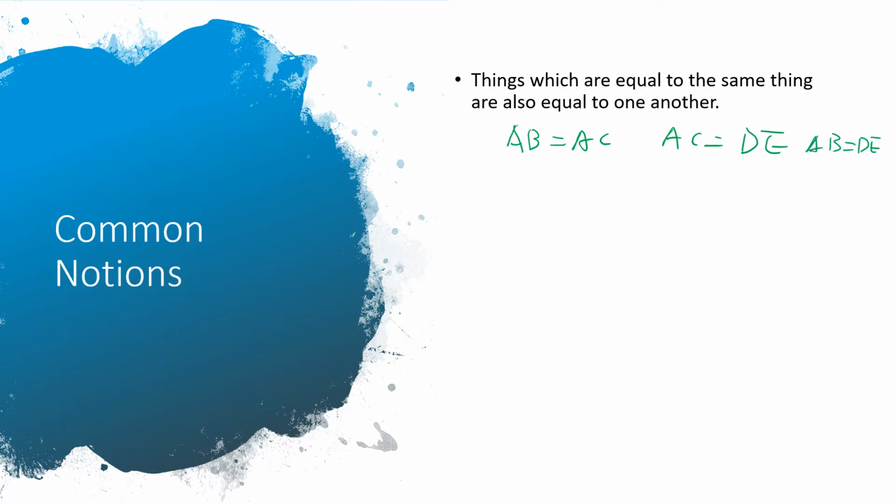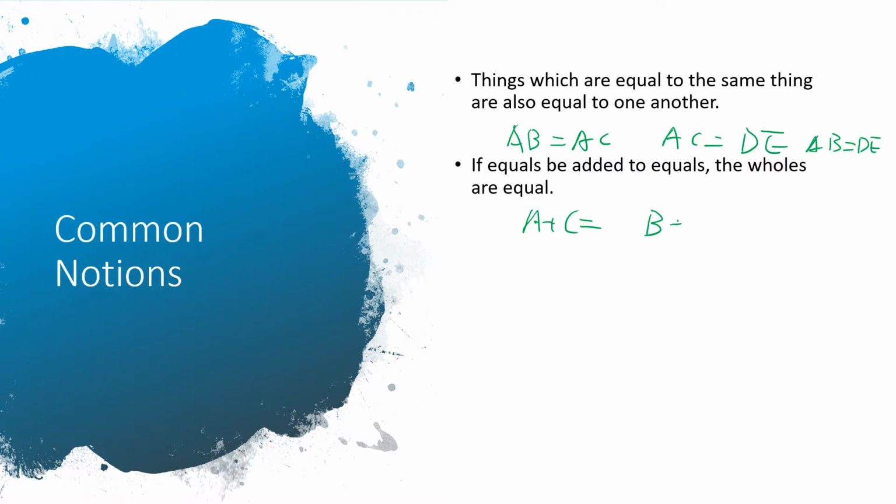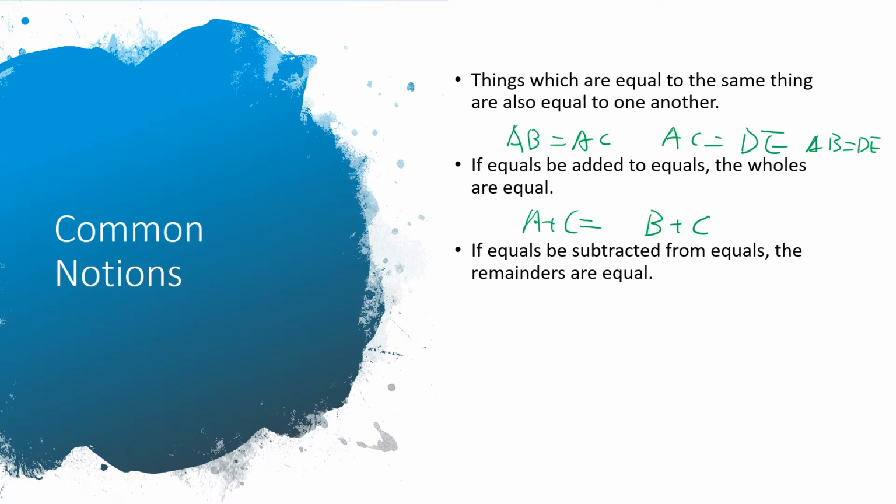If equals are added to equals, the wholes are equal. What does that mean? If A equals B, then if we add the same C, the wholes will be equal as well. Straightforward. And if equals are subtracted, the remainders are equal. Like, if A equals B, then A minus C equals B minus C.